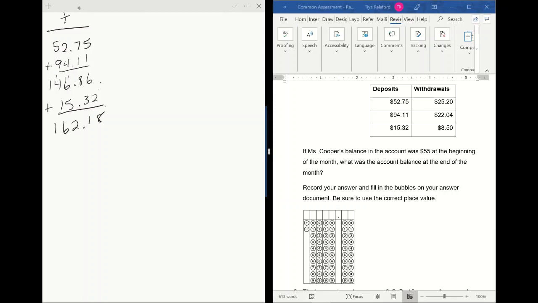And then, oh, don't forget your $55 is also positive.